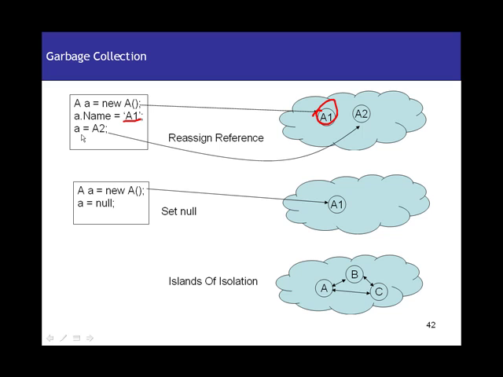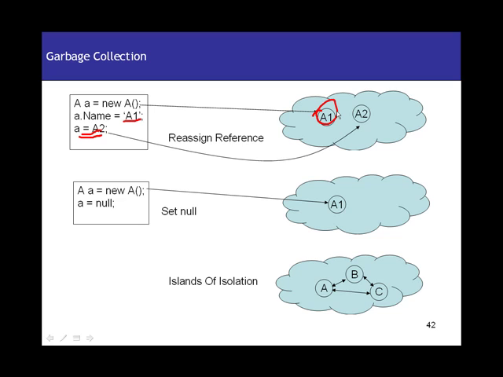Now I simply assign A to A2, which is another object. Let's assume this A2 object was already created earlier. So A was pointing to A1 earlier, but now it's pointing to A2. So what is pointing to A1? Nothing on the stack is pointing to A1. That means it doesn't have any active reference, so this object A1 is now eligible for garbage collection.